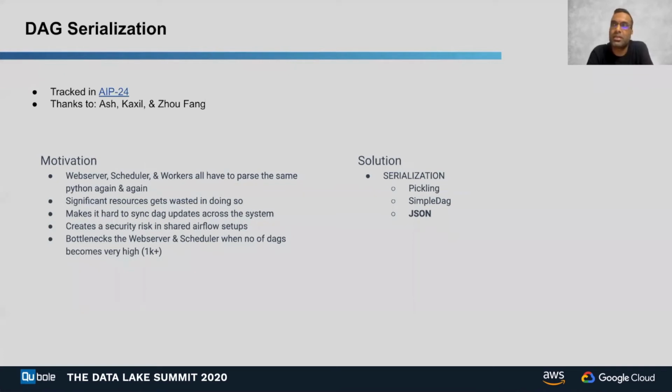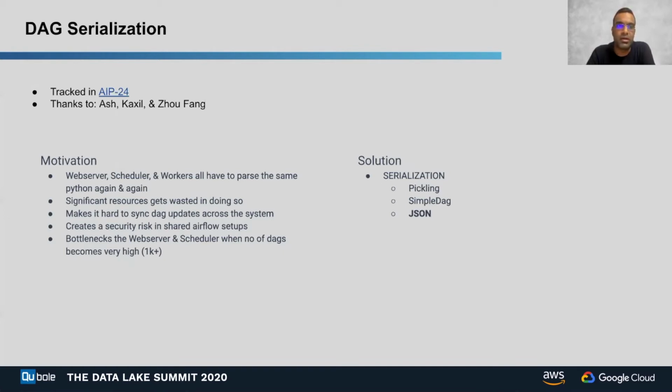And the web server also has lots of worker threads, which also parse those files again and again. So a lot of resources get wasted in this process, because you're doing the same thing multiple times.